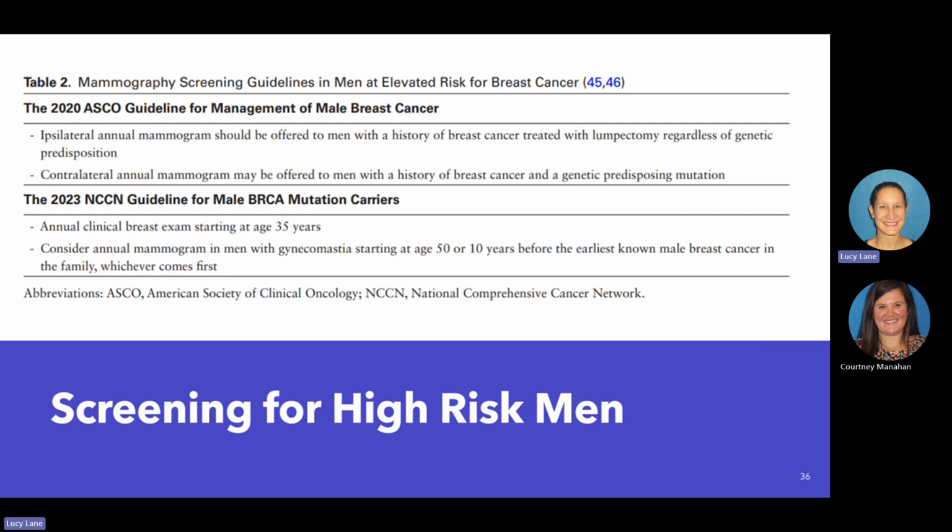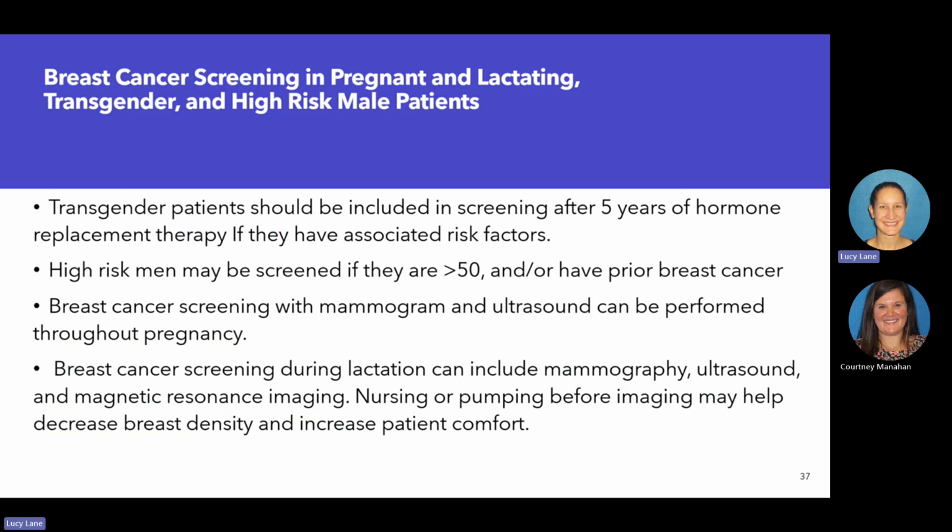So whichever comes first. In summary, transgender patients should be included in screening after 5 years of hormone replacement therapy if they have associated risk factors. High-risk men may be screened if they are greater than 50 and/or have prior breast cancer with risk factors. Breast cancer screening with mammogram and ultrasound can be performed throughout pregnancy.